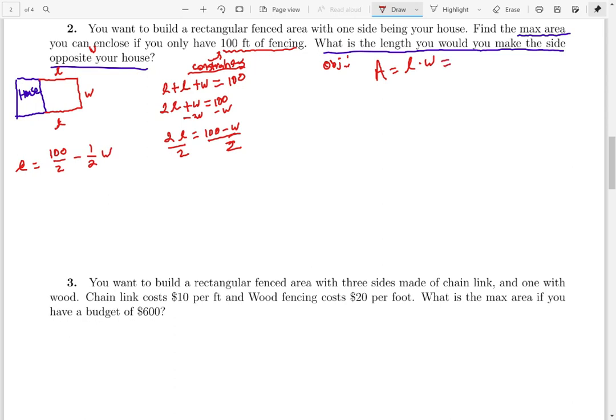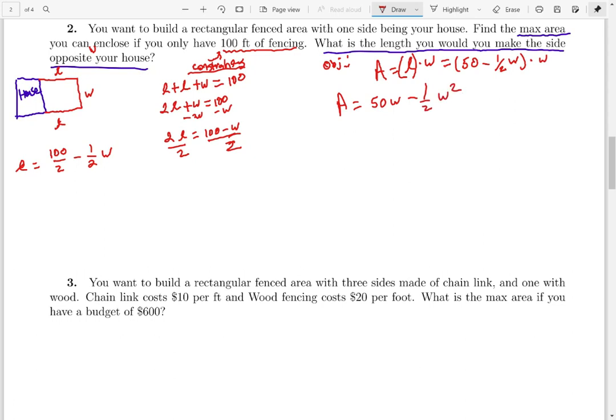And so then I can rewrite my area equation. Specifically, I'm going to replace L with what I just found, which is going to be 50 minus 1/2 W times W. So then I have my area equation, which is going to be 50W minus 1/2 W squared.